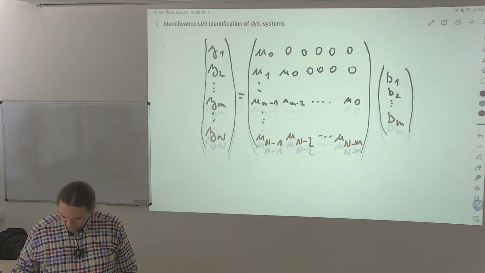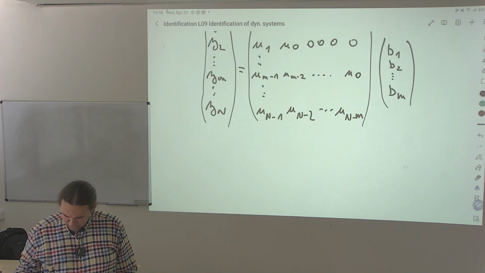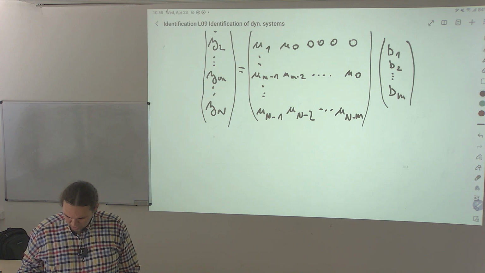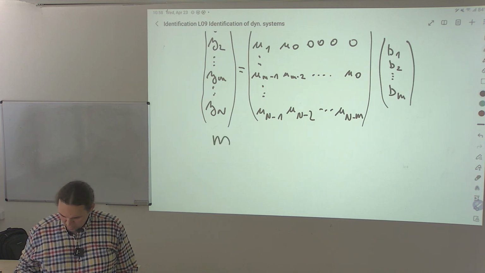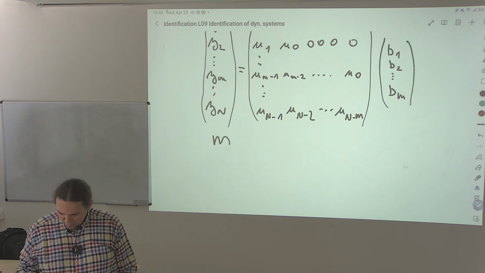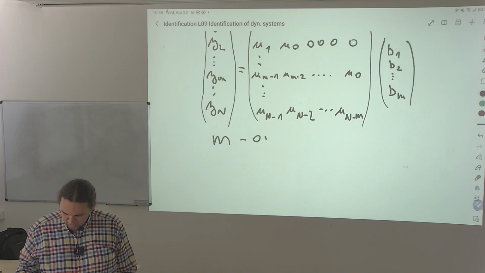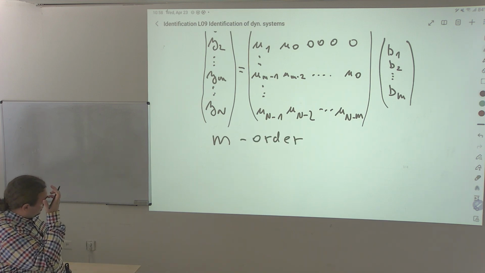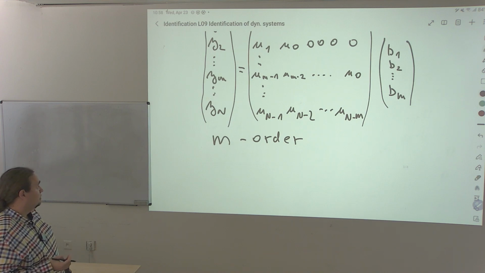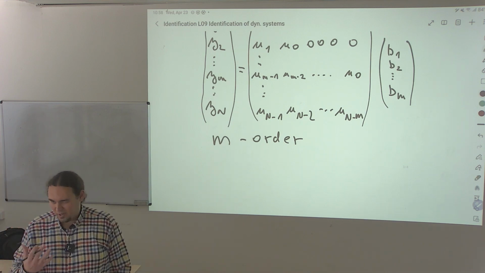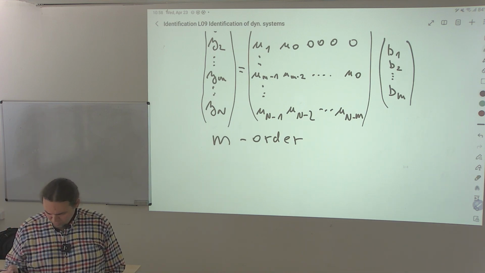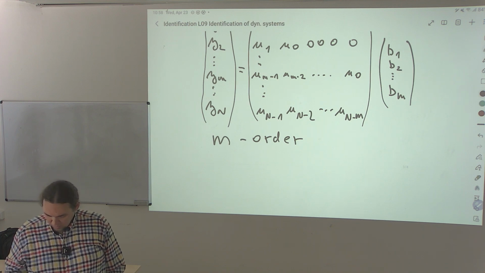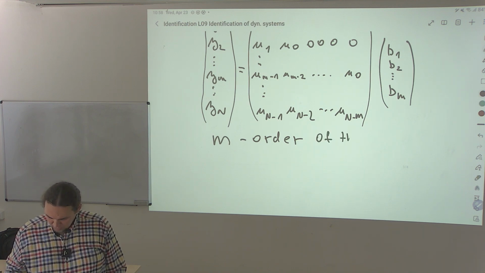So what are these numbers, these m and n? So m is nothing else. You would already call it this way in your theory of automatic control classes. That's the order of the model.